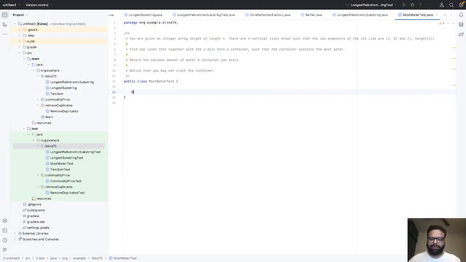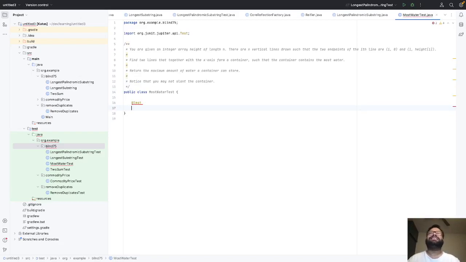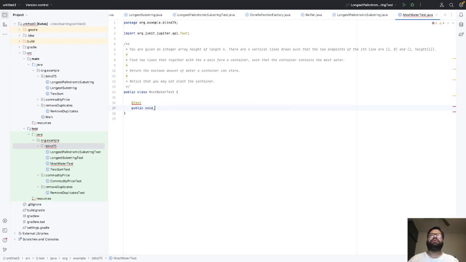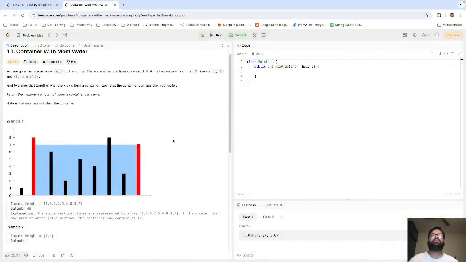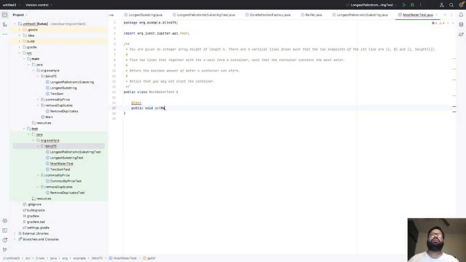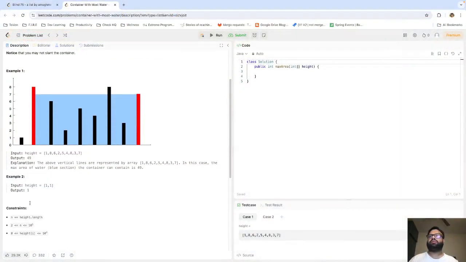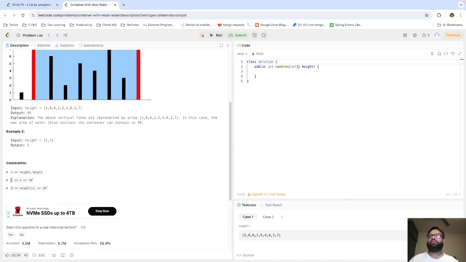I think we'll brute force this first. For this problem, we don't need to worry about zero length.